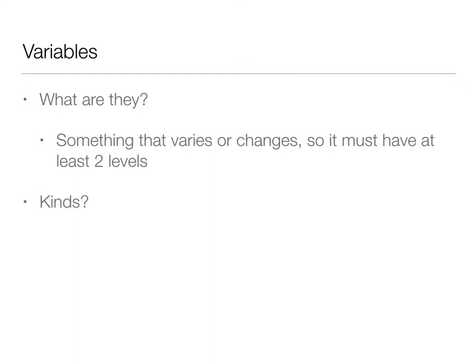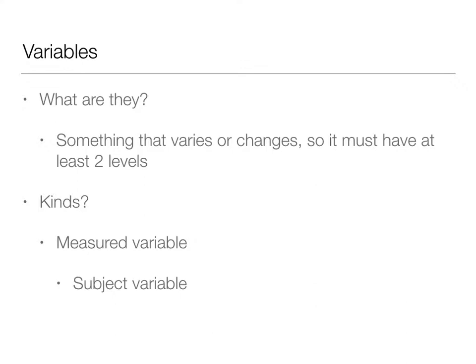The different kinds of them, we have measured variables. So if you're measuring heights of your participants and looking at a correlational study, that would be a measured variable. It's something that varies naturally, and it's something that you are measuring. That can also include things like a subject variable, something about the subject, male or female. Two levels.